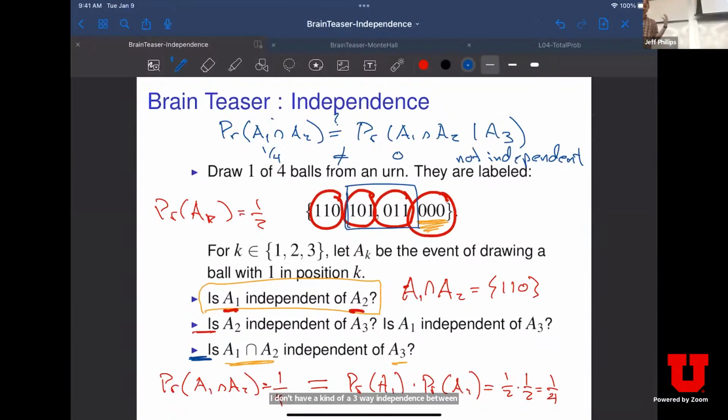This is a tricky concept. Just because pairs of events are independent doesn't mean that all combinations of the events are independent. You can still give rise to these situations. So this is something to keep in mind: independence is not transferable through intersection and things like that. You should work these details out.